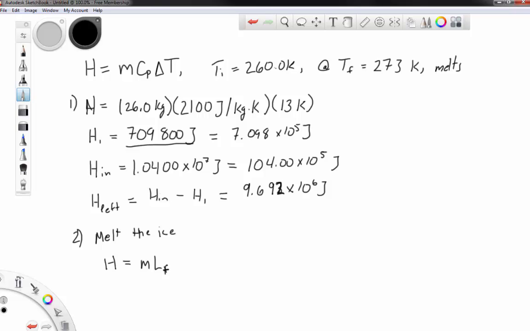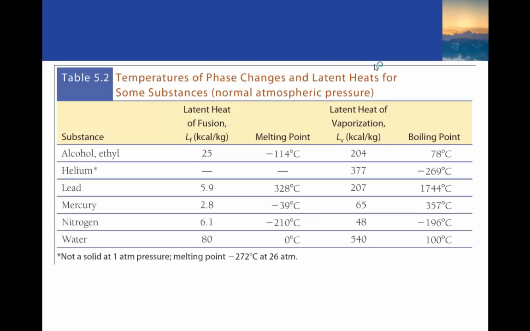So we need to look up the latent heat of fusion for going from ice to water. We can get that from table 5.2 from the Shipman, Wilson, Higgins, and Torres Introduction to Physical Science text. So the latent heat of fusion, this is given in kilocalories per kilogram. And for water, it's 80.